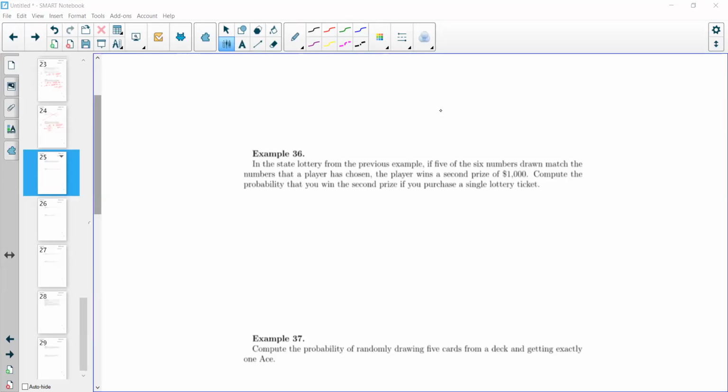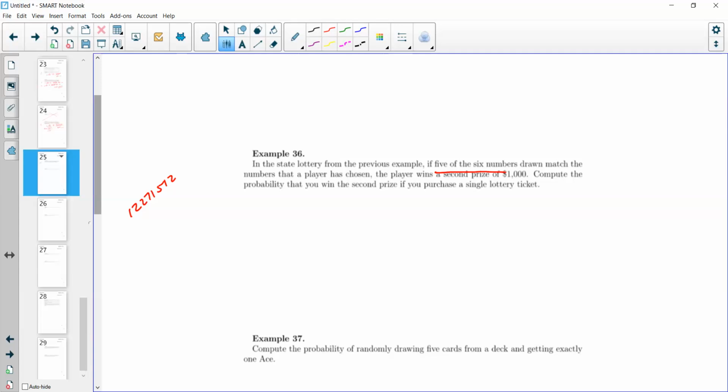So, how many combinations were there? Was it 12, 2, 7, 1, 5, 1, 2? Now, what we want to know is how many ways can we get 5 out of 6?